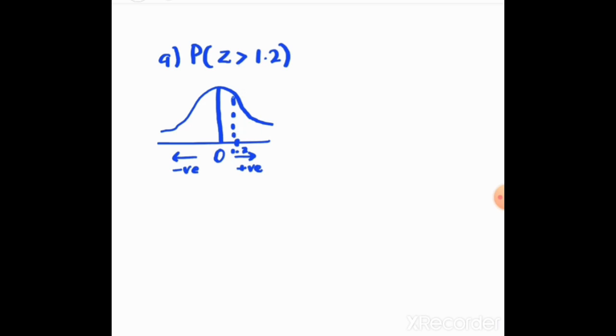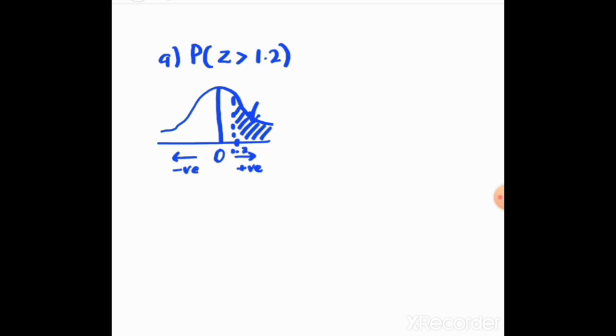There is no equal sign, so it is a dotted line, and Z greater than means this is the area. We need to find this area in order to get the probability.